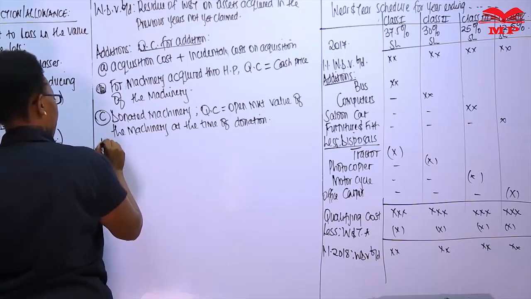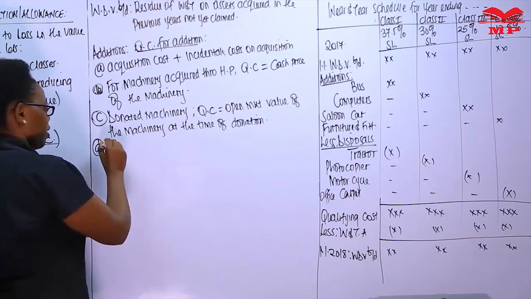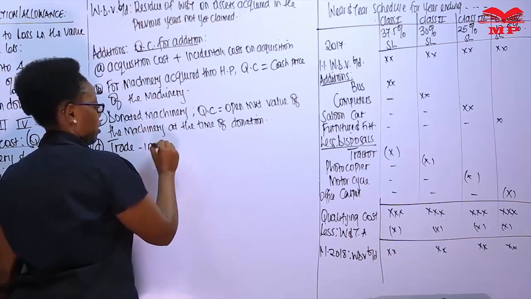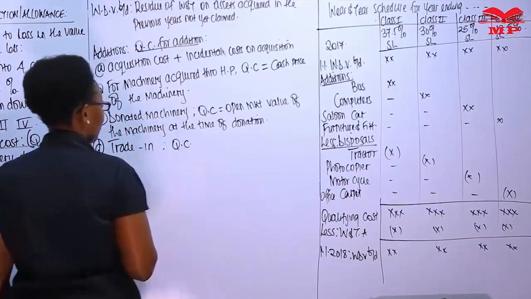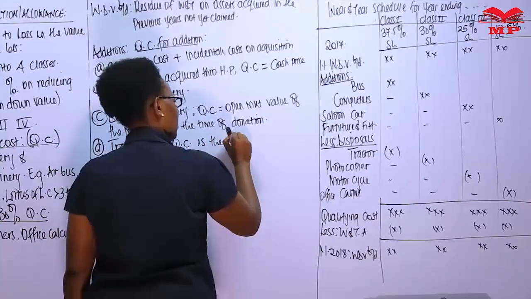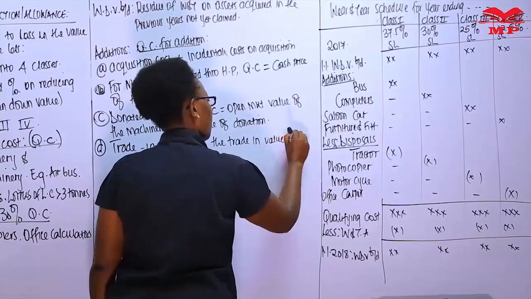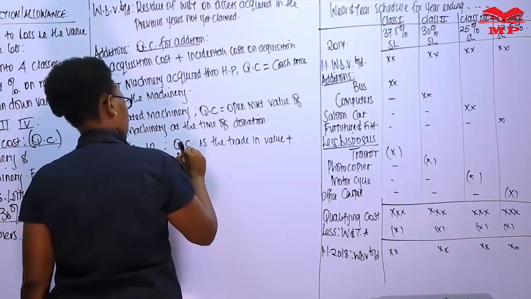Then, in case of a trade-in situation, the qualifying cost of the asset is the trade-in value plus additional cash.